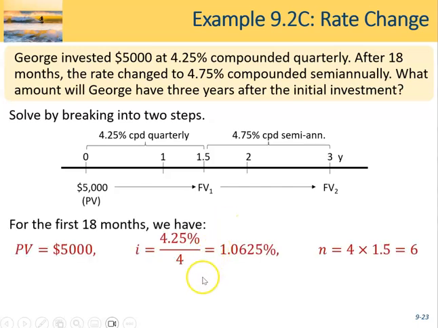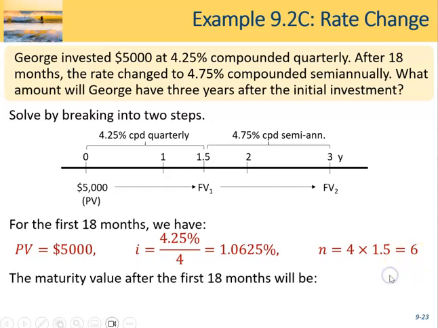So for the first 18 months, we have the periodic interest rate of 4.25% divided by 4, which gives you 1.0625%, and N over the life is 4 times 1.5. 4 is your compounding quarterly, so 4 times a year times 1.5 years, so your N is 6.